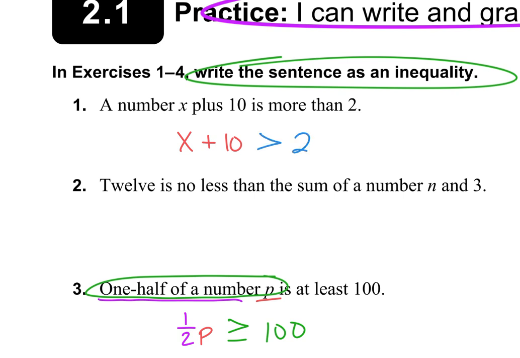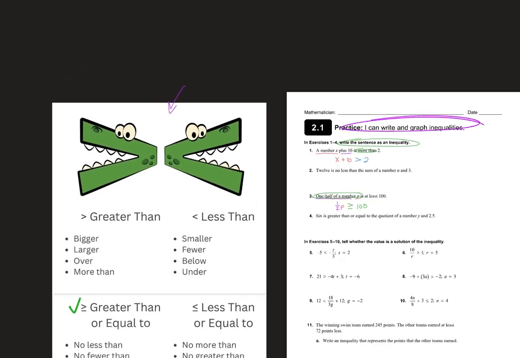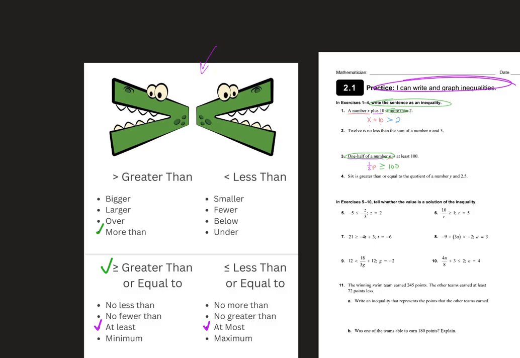There's a number x, plus 10, is more than 2. "Is more than" is just another way of saying greater than.